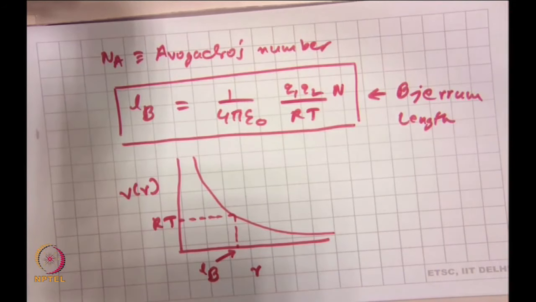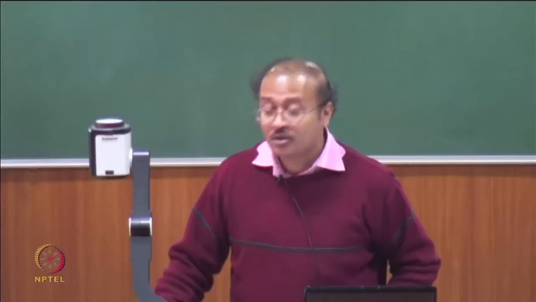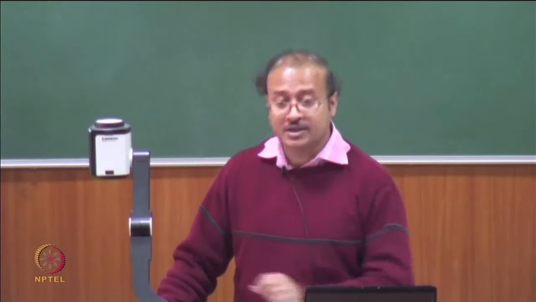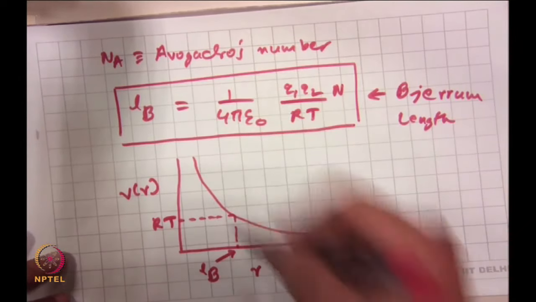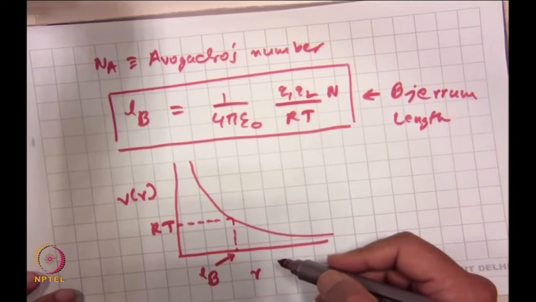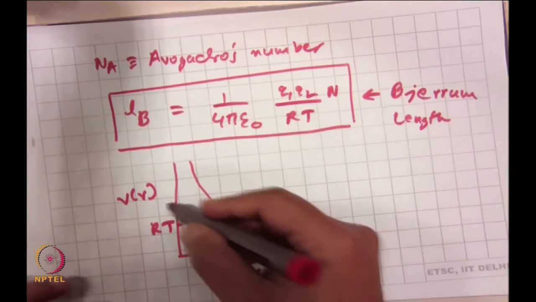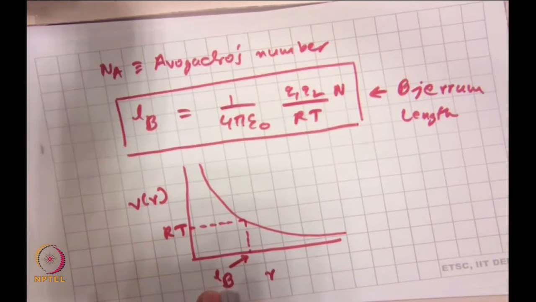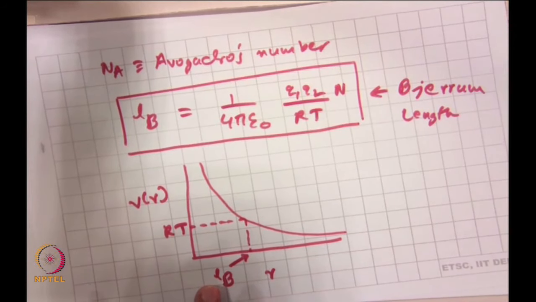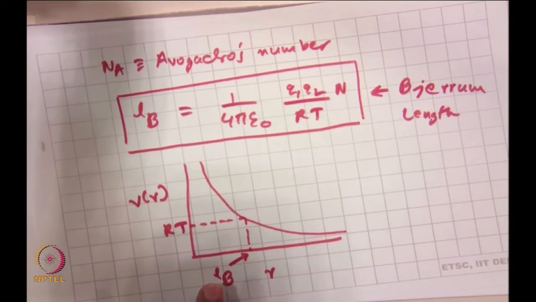Some graphs are really helpful to understand things, especially physical aspects and mathematical equations. You can see in your potential energy curve, it is not that L_B is everywhere. When do you get the L_B? L_B is defined as that distance where your V of R is equal to your thermal energy, right. I keep repeating this because thermal energy is very important. When you did statistical mechanics before, you must have discussed something known as thermal fluctuations.